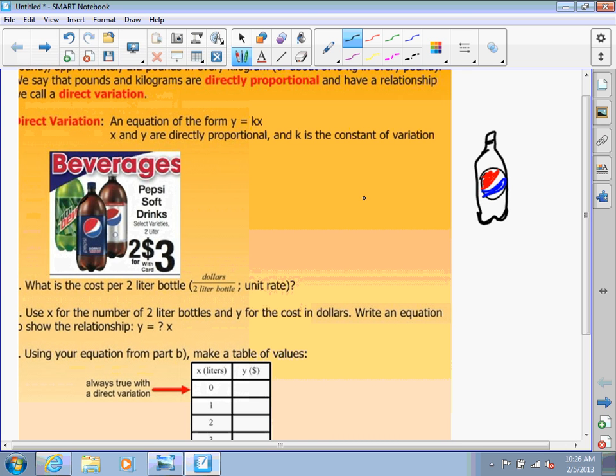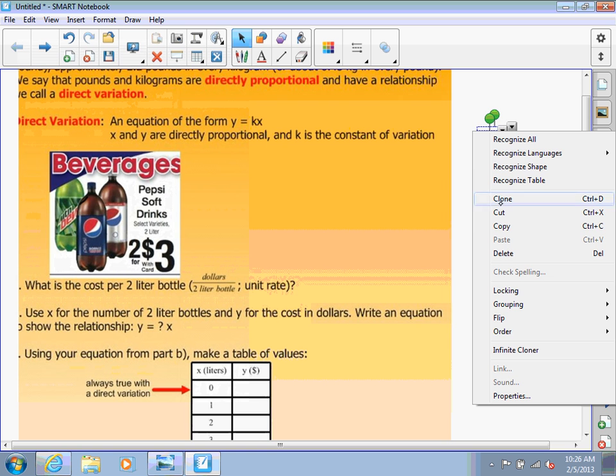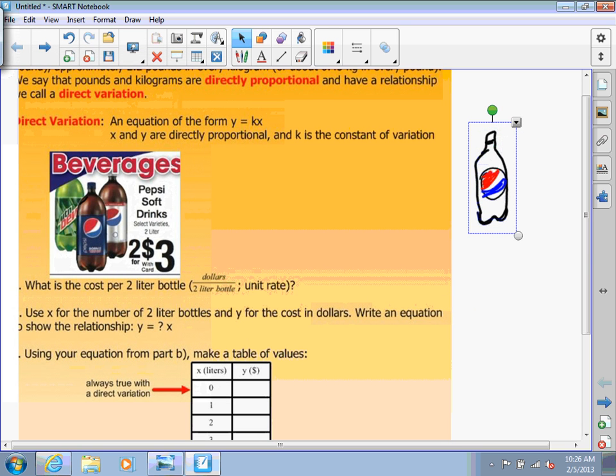All right, it says that you can buy how many of these? 2 for how much? $3. Okay, you can buy 2 for $3. So 2 of these cost $3.